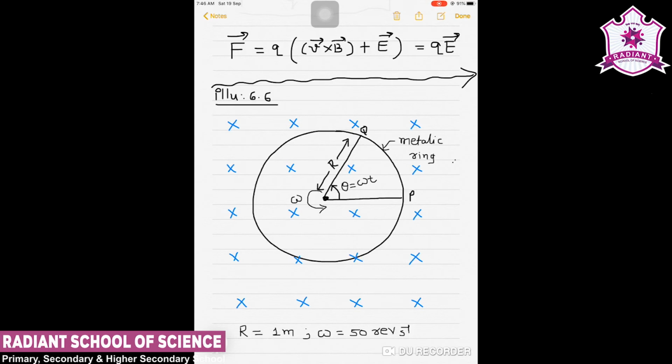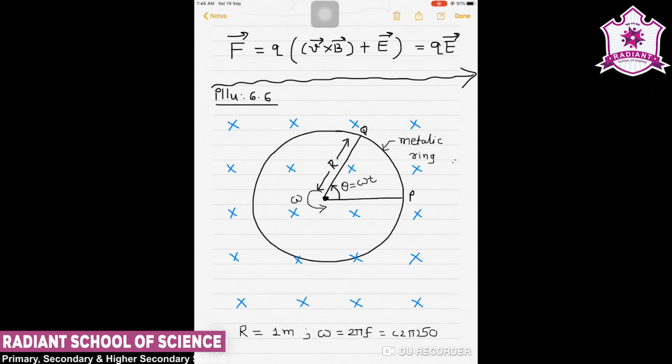So omega is 2 pi into 50, that is 2 pi into 50 revolutions per second.